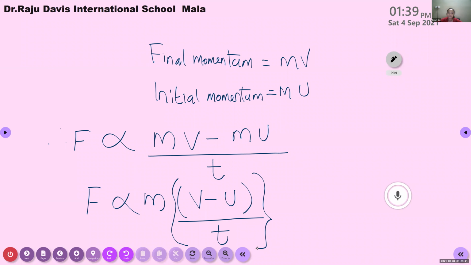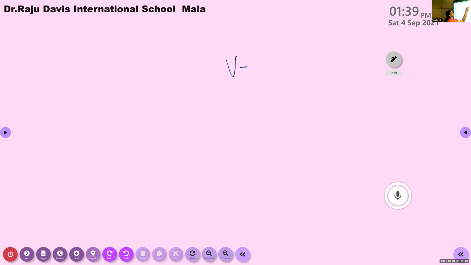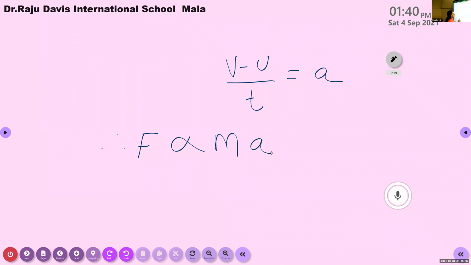What does v minus u by t represent? Acceleration. Very good. So v minus u divided by t is equal to acceleration. Therefore, we can write F is directly proportional to m into a, acceleration.